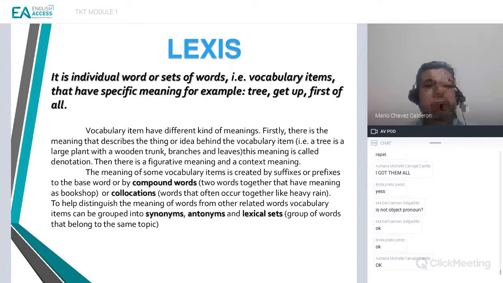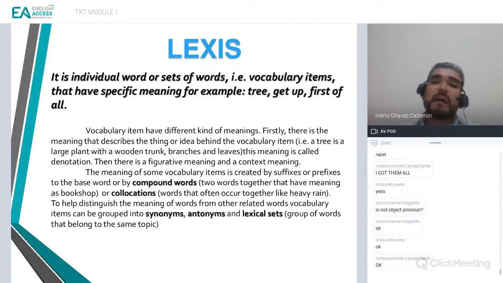The meaning of some vocabulary items is created by suffixes or prefixes. The suffixes are letters that we add at the end of the word to change its meaning. When they are at the beginning of the word, they are called prefixes, added to the base word, or by compound words.